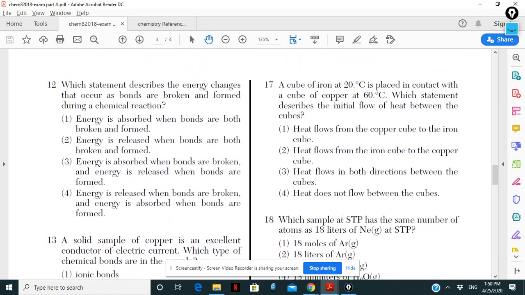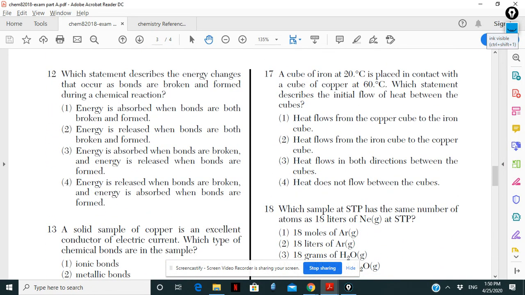Question number 17. A cube of iron at 20 degrees Celsius is placed in contact with a cube of copper at 60 degrees Celsius. Which statement describes the initial flow of heat between the cubes? What's going to happen? As we know, the energy is going to transfer from one element to another.